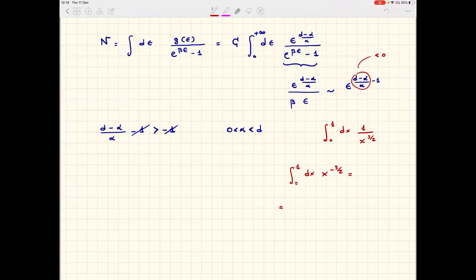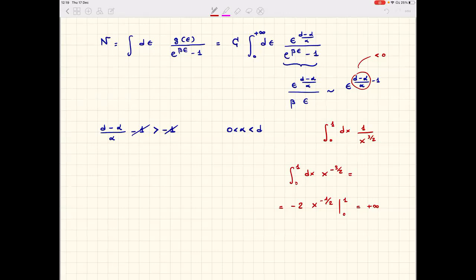Because it's minus 2 x to the power minus 1/2 evaluated between 0 and 1, which is minus infinity, actually. Well, it blows up to plus infinity. So you see, that's why it should be positive. Because if it's negative, then it diverges.